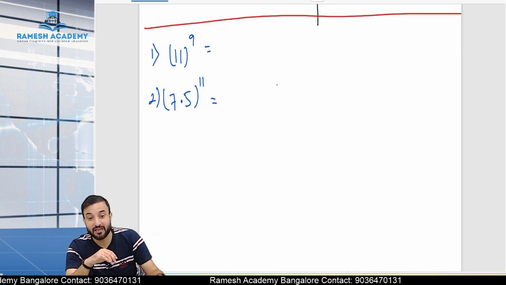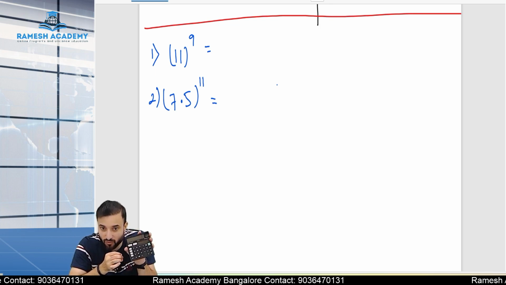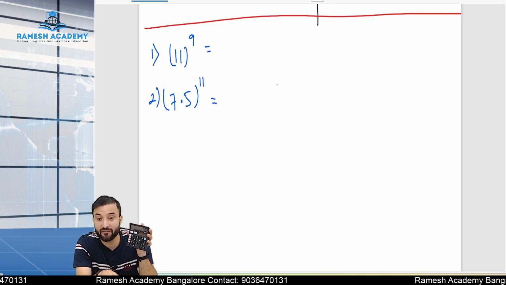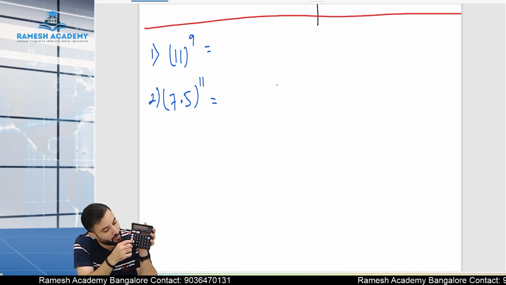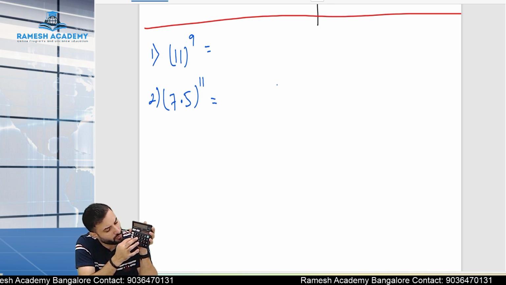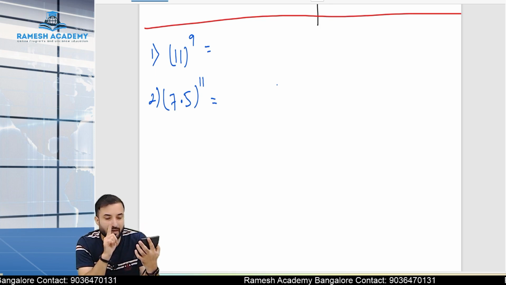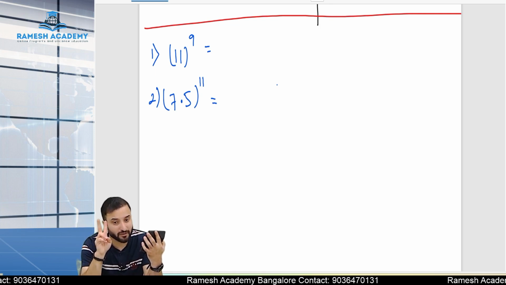Now see, next thing, guys, we'll take the calculator and first do 11 power 9. We press 11 into 11 equals to. How many times did it happen? 2 times.